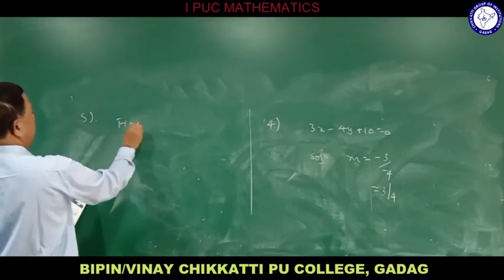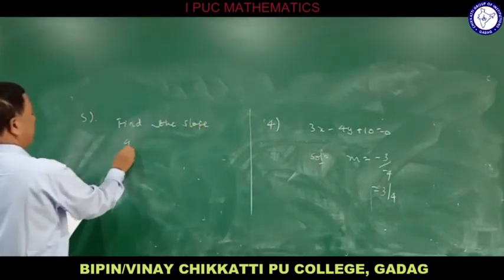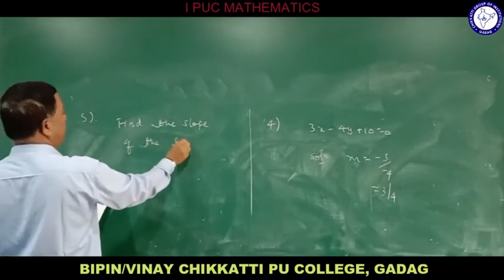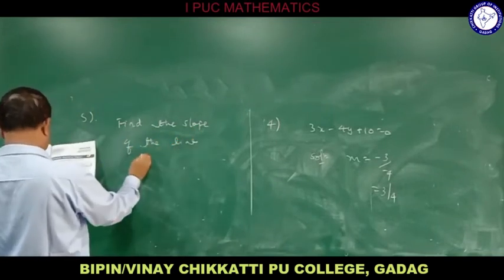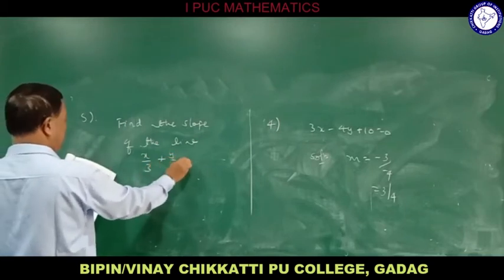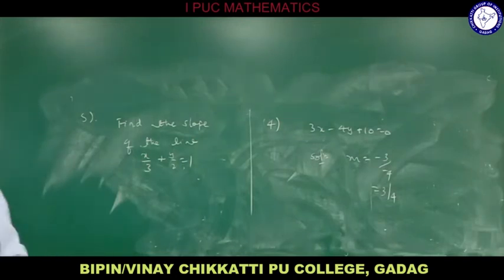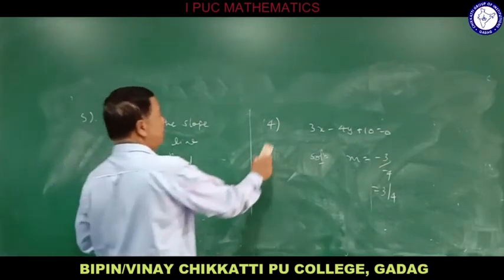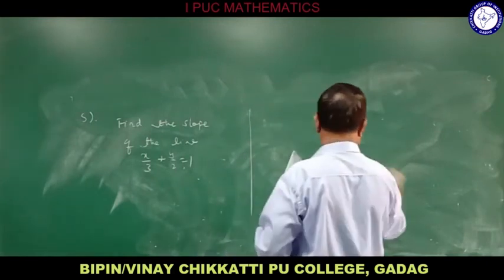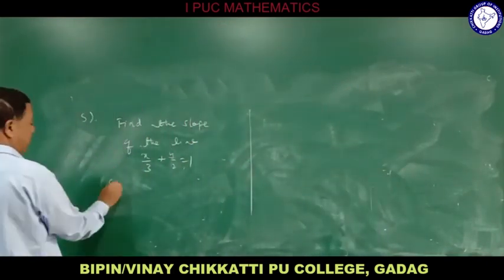The line in the question is x by 3, y by 2 is equal to 1, so this is intercept form. So intercept form is to be changed to general form so that we can write easily.